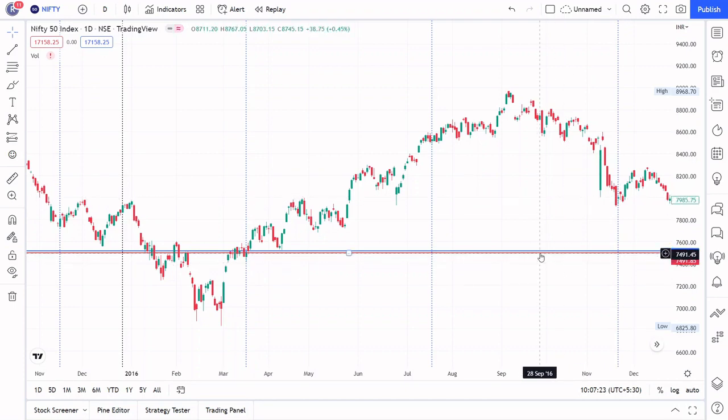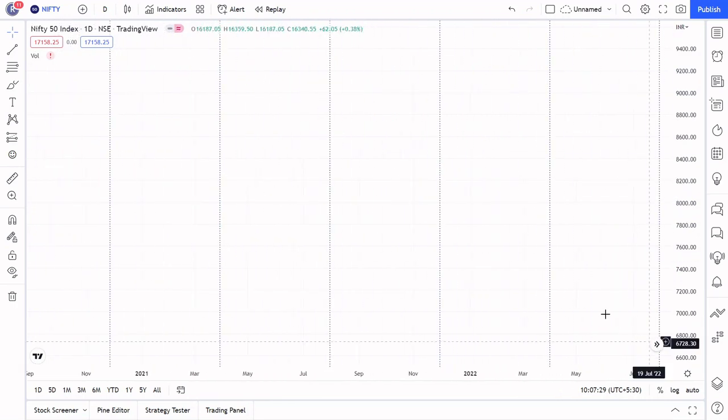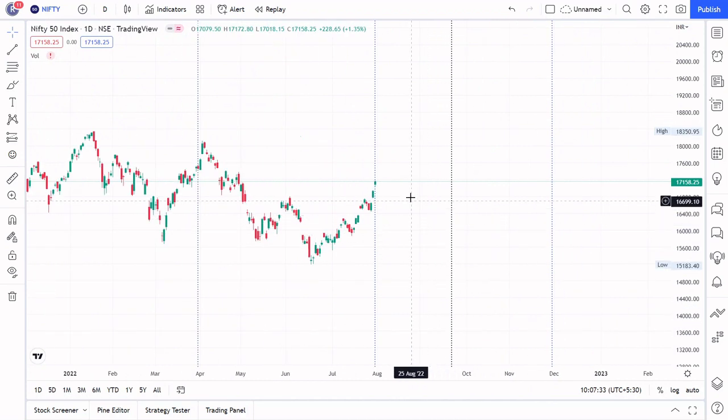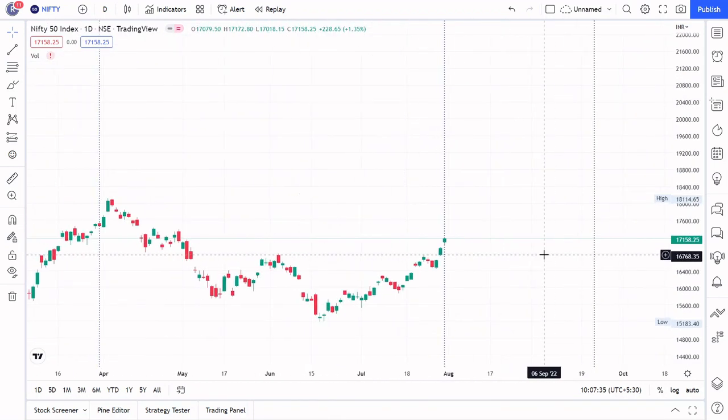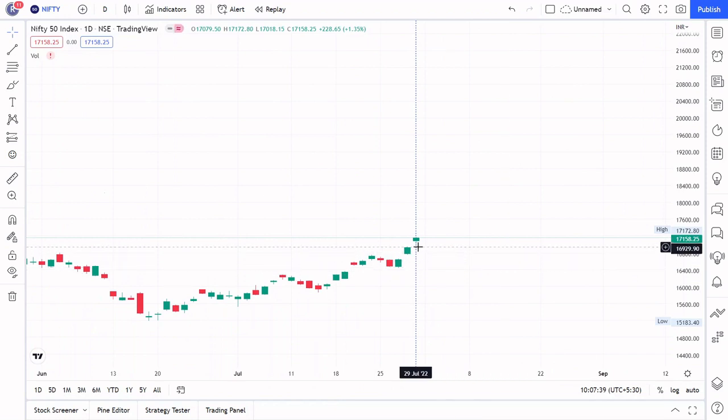Okay, let me delete it. So how do you make use of these time levels? Simple, let's see some support and resistance levels for this particular day. So assuming we are on 29th, which was just yesterday, and the candle is formed, let's plot these two levels.